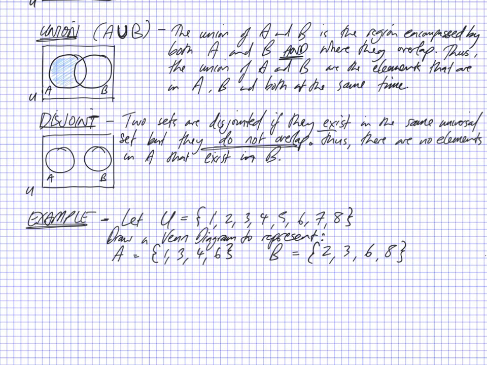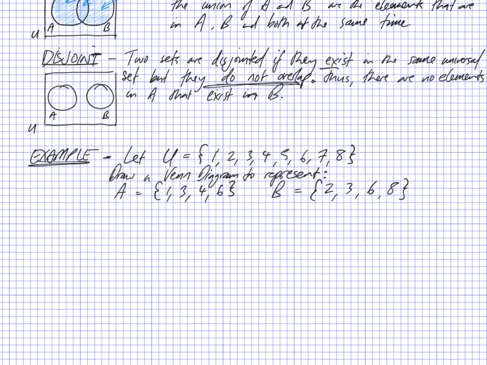That's A, that's B, this is the intersection of A and B, so everything that I just colored in represents the union of A and B, which is A union B.